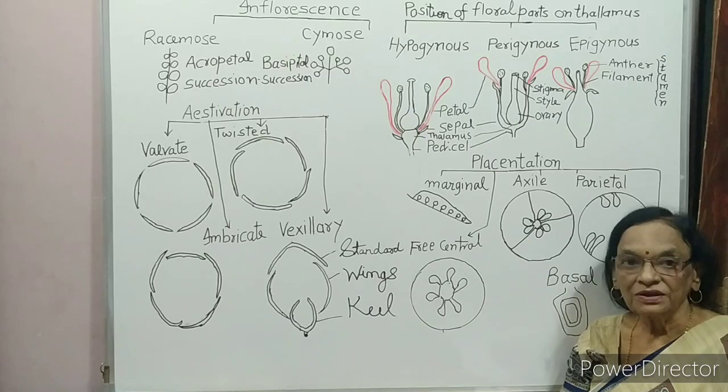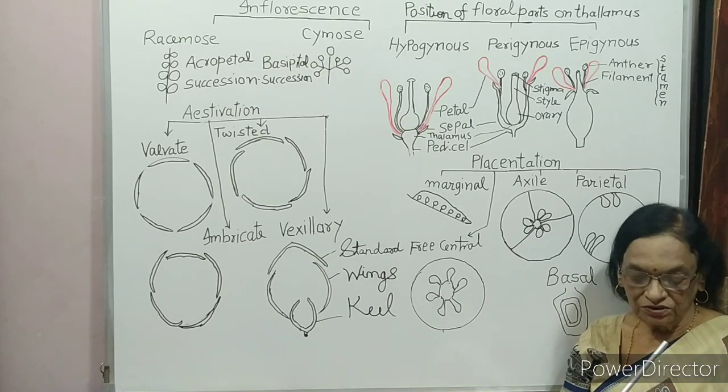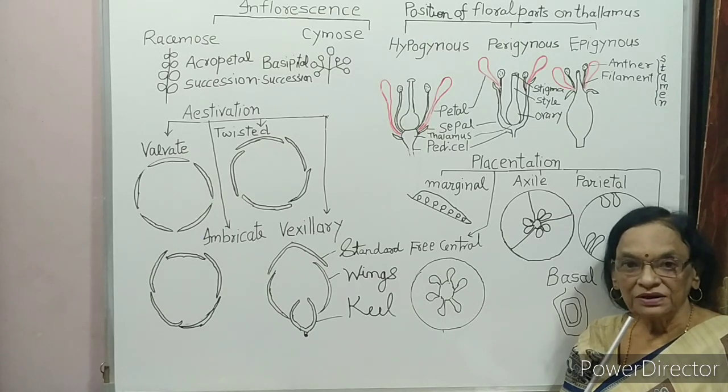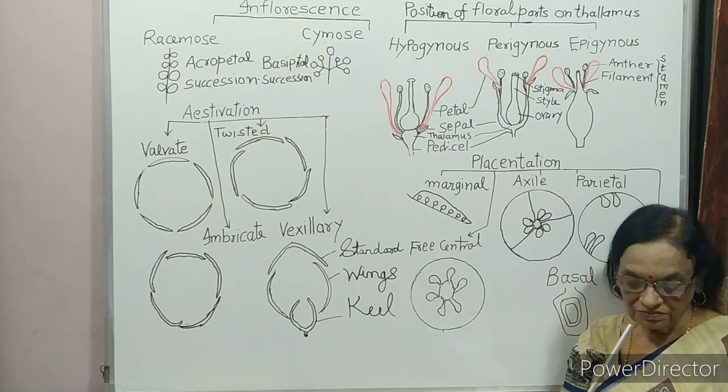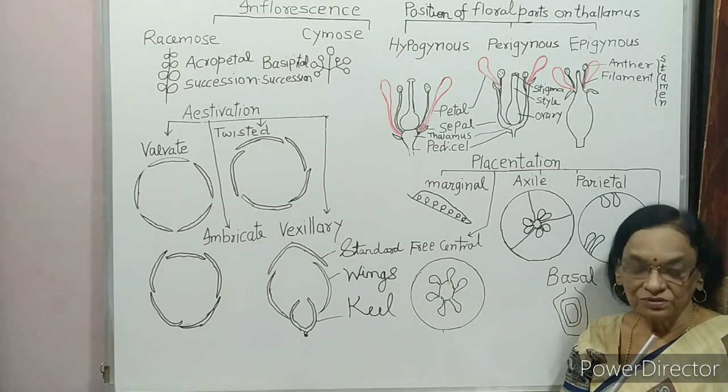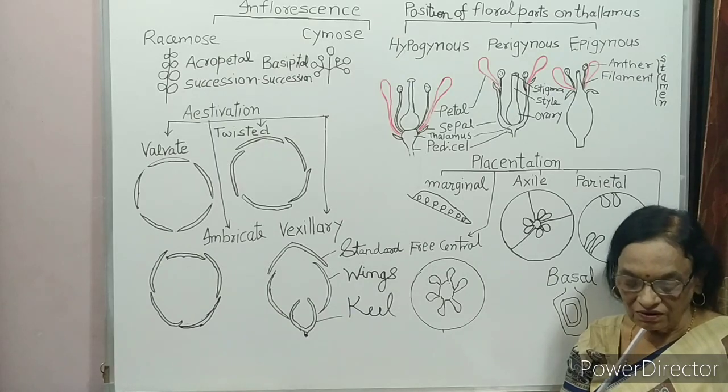If stamen are attached to the petal, it is called epipetalous. Sometimes stamen are attached to the petal, as in the datura flower. It is called epipetalous.